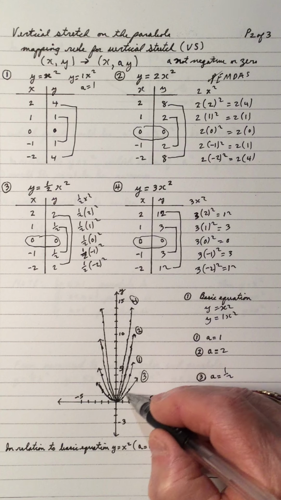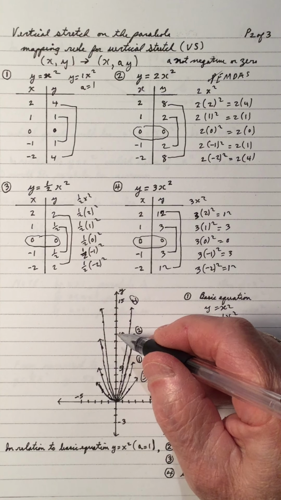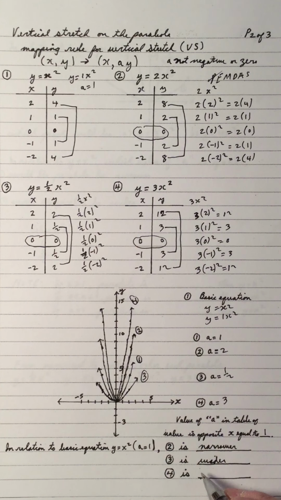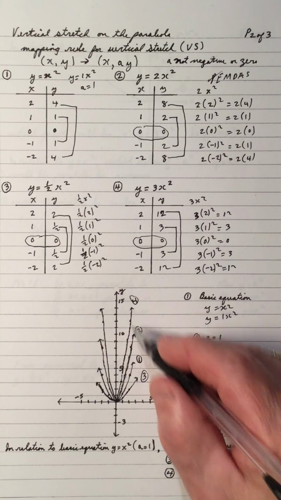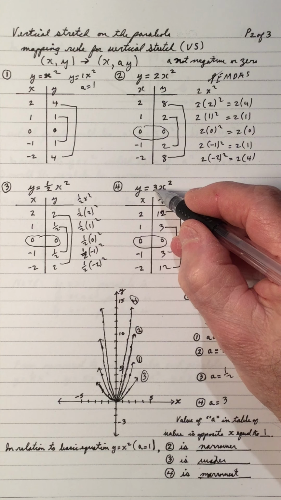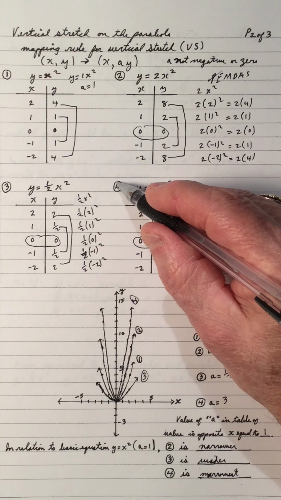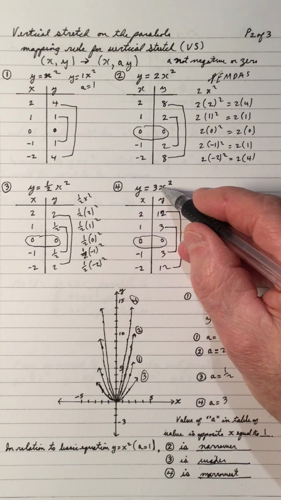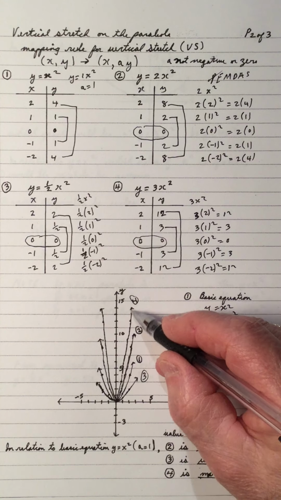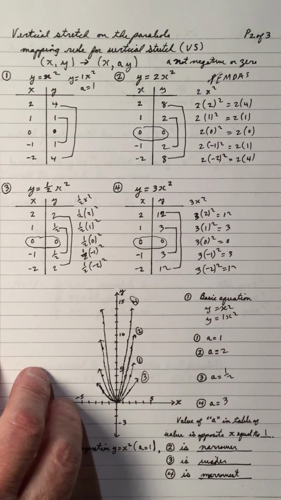So when we have a half, it's wider. When we have a number greater than 1, it's narrower. So number 4 is even narrower again. It's the narrowest, because that's a 3. The number 4 graph, which is this equation right here, is going to be the narrowest of the 4 of them, closest to the y-axis.